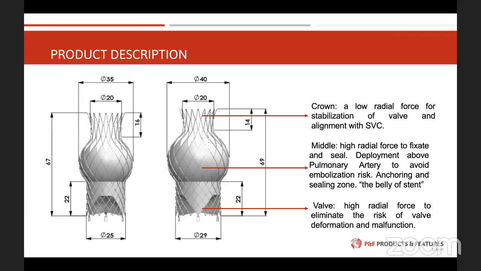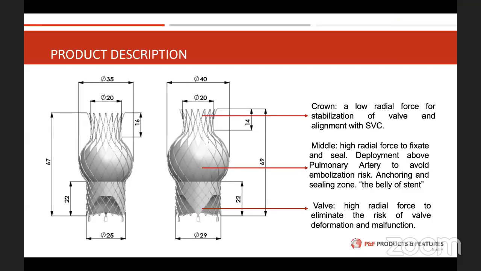We have this covered part of the stent. It's a pericardium covered section for sealing and for anchoring. This part of the device is responsible for the sealing and the anchoring of the valve. And in the lower part of the device, we have the valve. We can see that the valve is smaller. The valve, in most cases, will not be touching the walls of the vein.